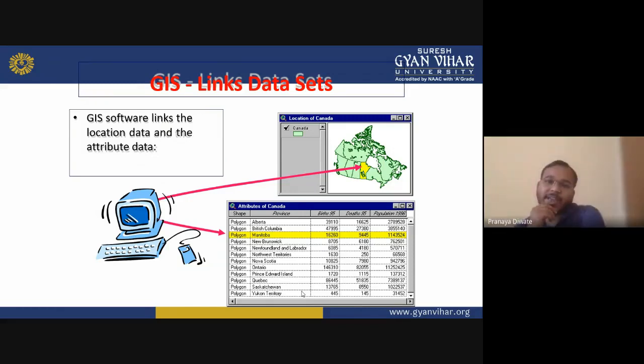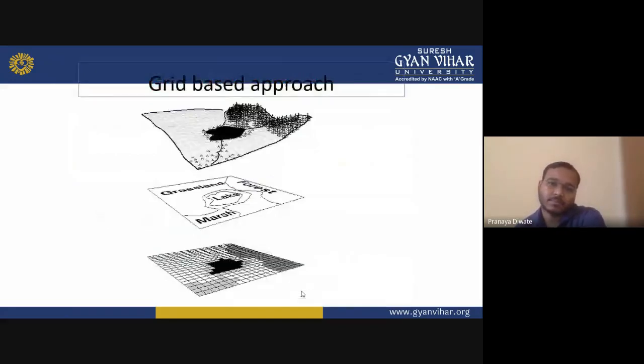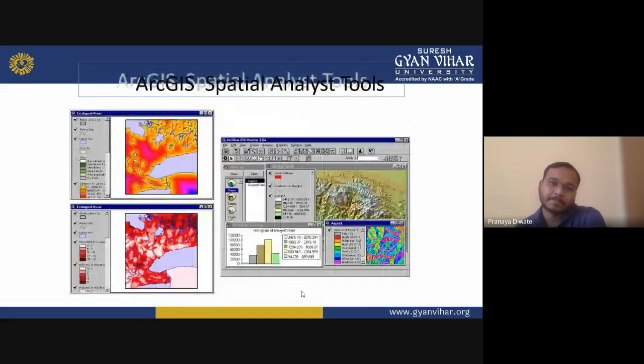Okay. So GIS data can be used for these data sets. This is a grid-based approach. This is a spatial analytical tool. In GIS, you have a spatial analytical tool where you can identify and analyze the data.